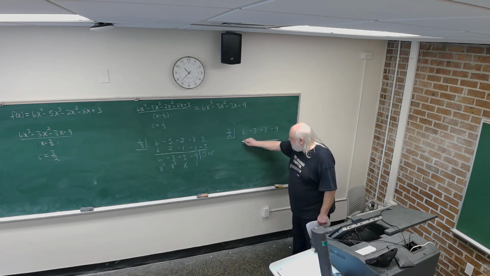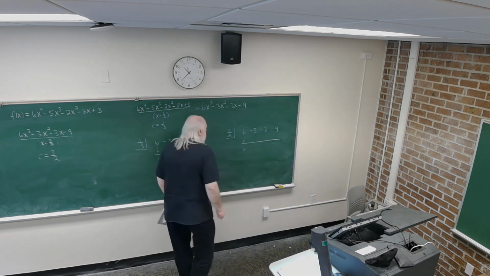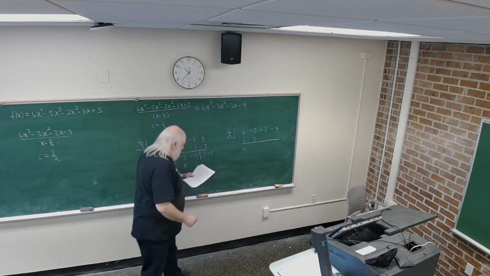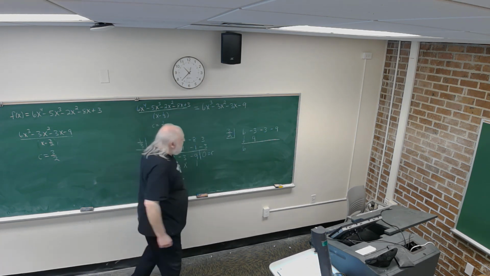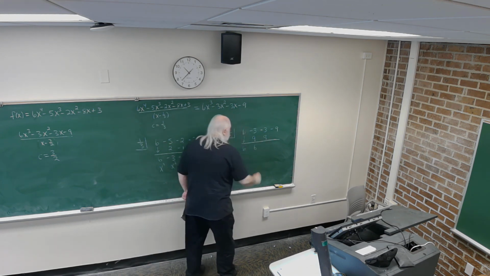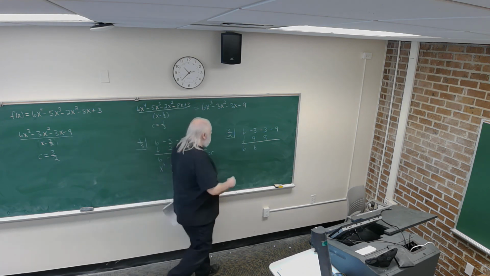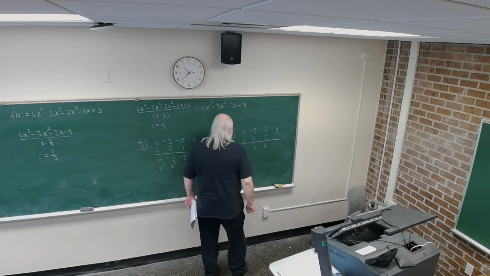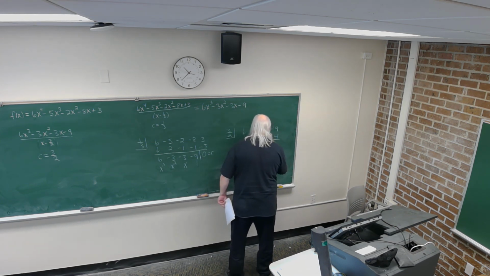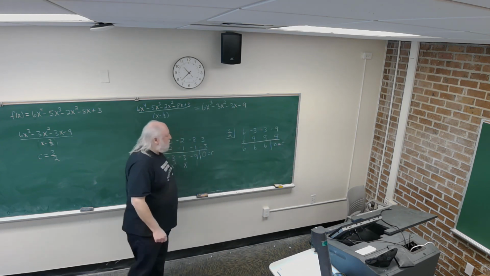Bring down the 6. 6 times 3/2 is 9. Minus 3 plus 9 is 6. 6 times 3/2 is 9 again. Minus 3 plus 9 is 6 again. 6 times 3/2 is 9 again. Minus 9 plus 9 is 0.